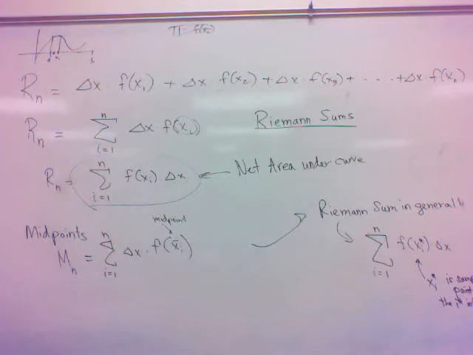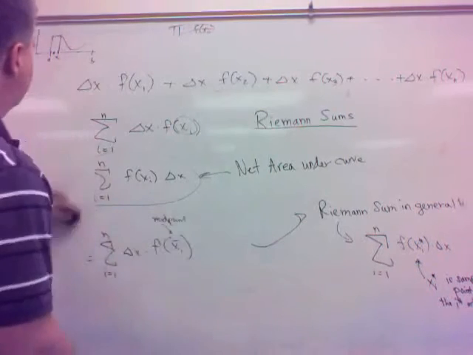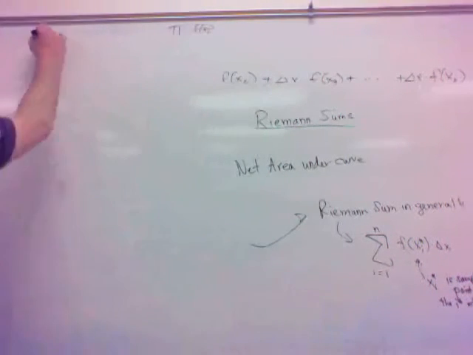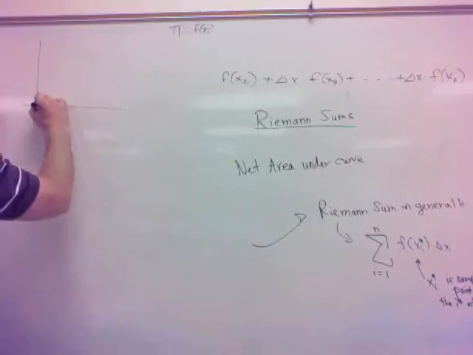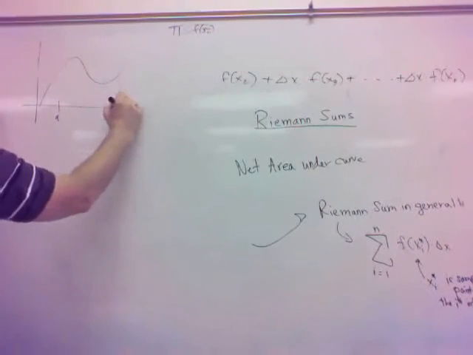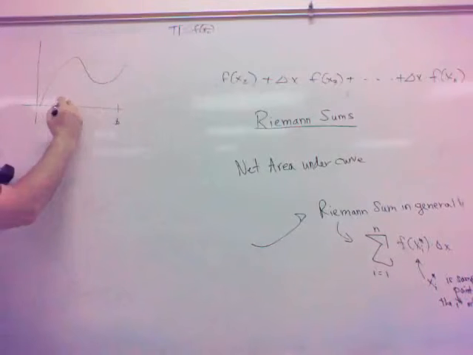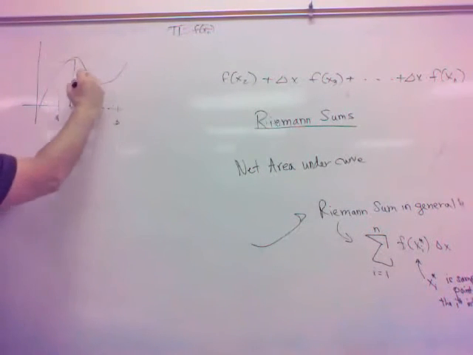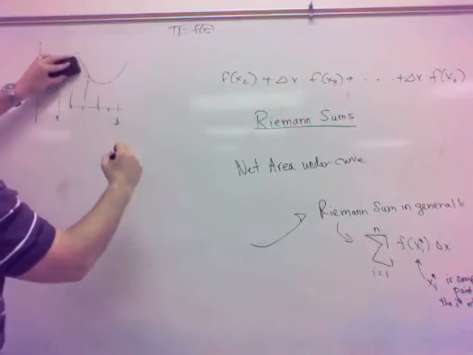Well, we talked about that, the exact net area. So here's my a, here's my b. With the rectangles, we get the approximation. But what if I want exact area?